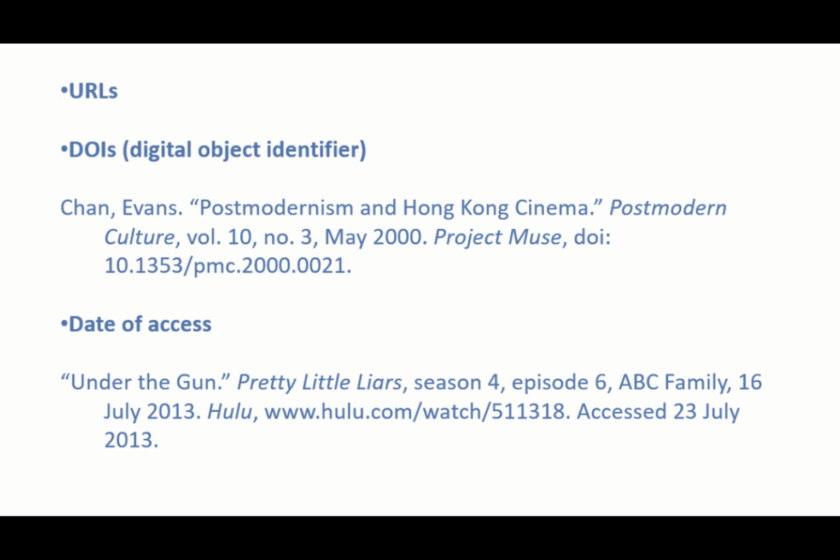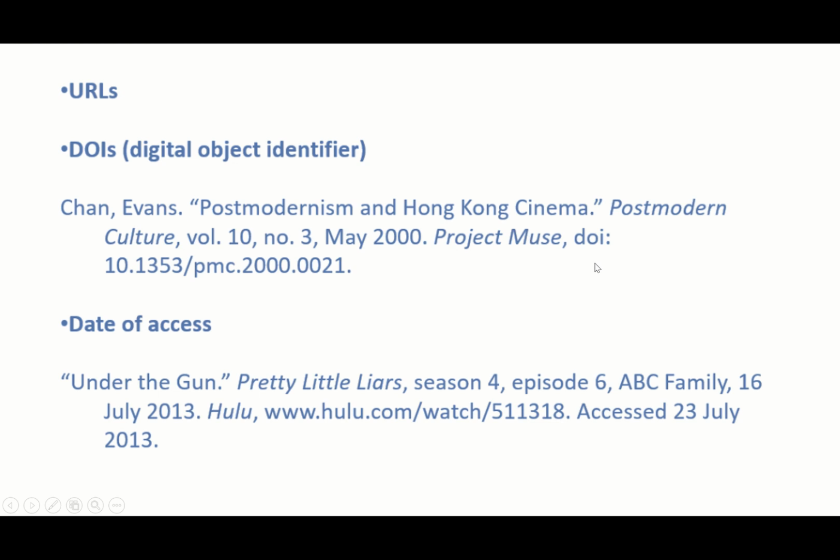Sometimes you'll want to include original URLs to websites, depending on if there is a URL available for a web page. That is an easy way for us to know where you accessed that, the location of your source. Let's talk about DOIs, digital object identifiers. You're going to see this a lot with academic journal articles that you all have been reading.